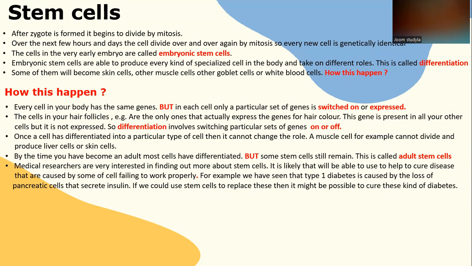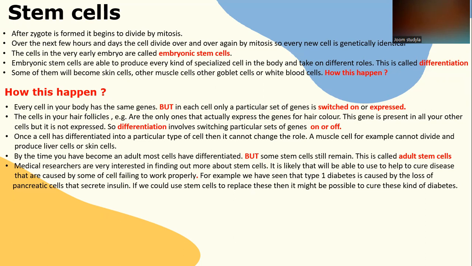Embryonic stem cells are able to produce every kind of specialized cell in the body and take on different roles. This is called differentiation. Some of them will become skin cells, other muscle cells, other goblet cells, or white blood cells.